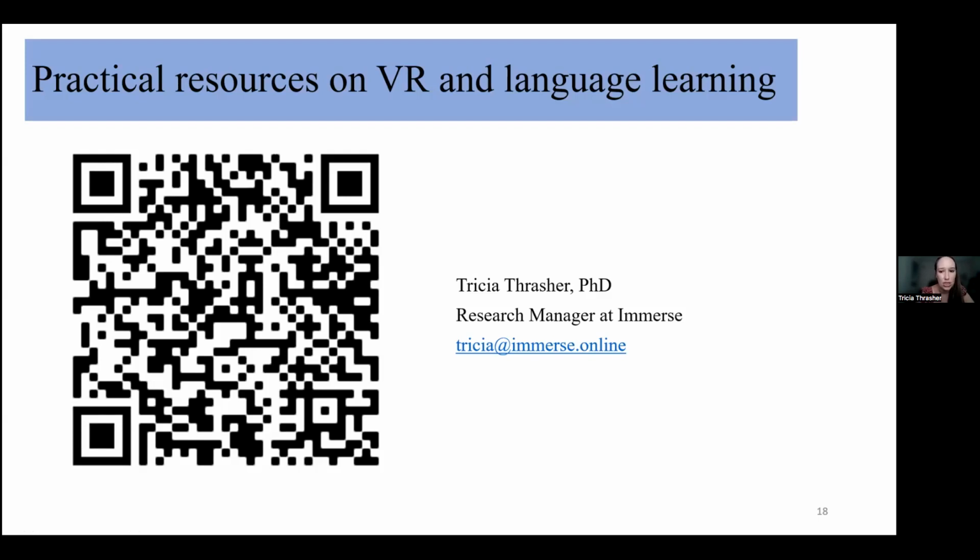These aren't research based, because I figured people here would be more interested in the practical applied side. You have a whole list of articles. A lot of them are case studies where people talk about how they used a specific app with their students. They give sample lesson plans. They talk about general tips and tricks for getting started with VR. So definitely look at that. And if you want more research resources, please email me.